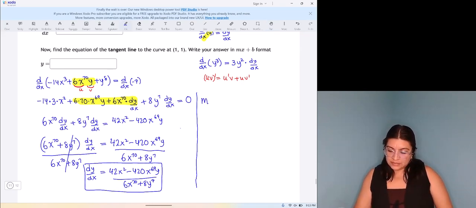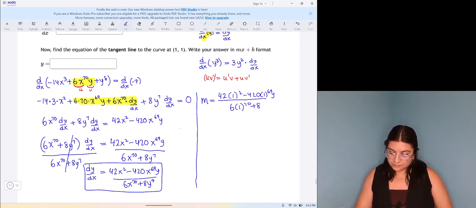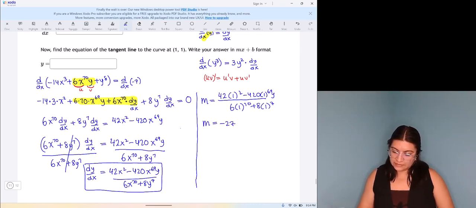The slope is going to be the derivative at 1, 1. So wherever you see x, replace it with 1, and wherever you see y, replace it with 1. Simplify, this gives you negative 27. And that is the slope.